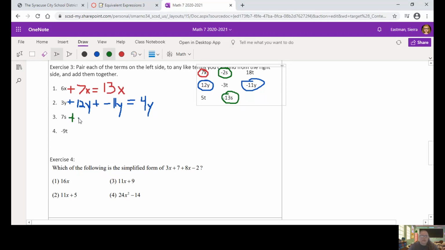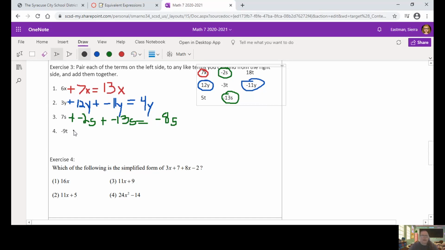So again, even though they're negative, I'm going to add those. Seven plus a negative 2 gets me a positive 5. But then that positive 5 plus a negative 13 is going to leave me with a negative 8. And I keep my variable the same.